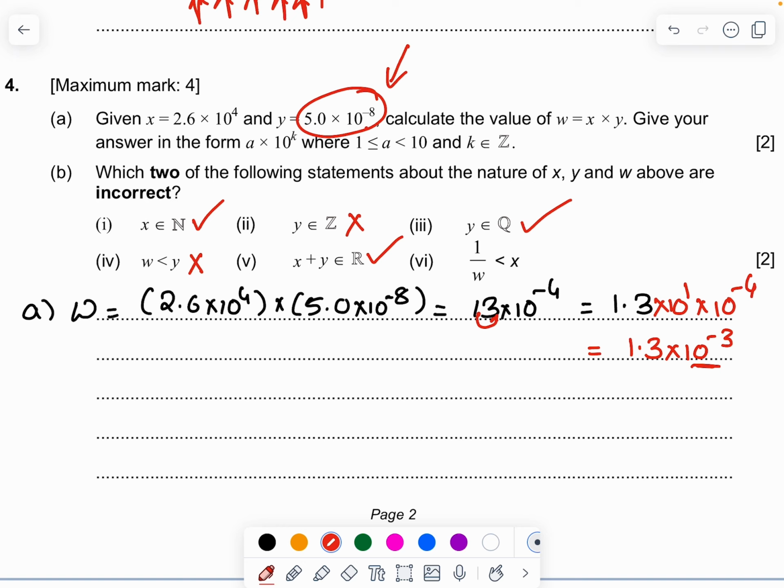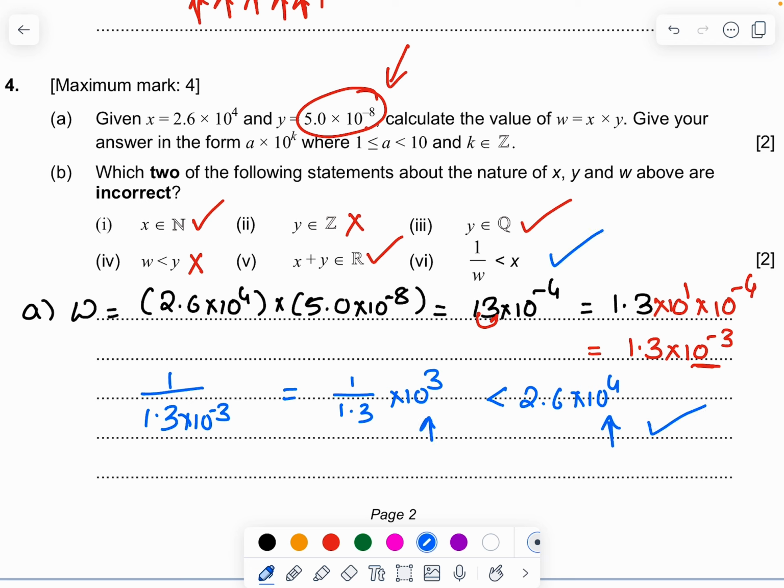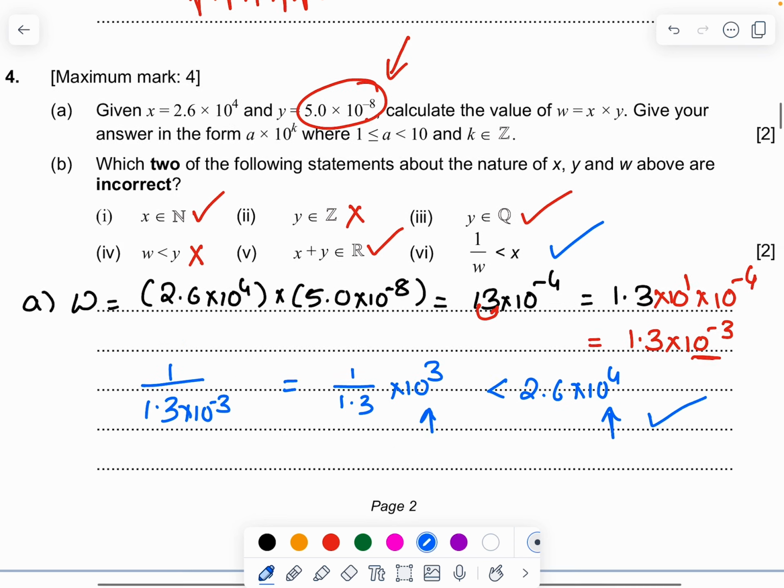What is 1 upon w? 1 upon 1.3 times 10 power negative 3, which is 1 upon 1.3 times 10 power 3, which is less than x. X is 2.6 times 10 power 4. You can see this is 10 power 4 and this is 10 power 3. Yes, it is a correct statement. 10 power 4 is greater than 10 power 3. So therefore, the sixth one is correct.